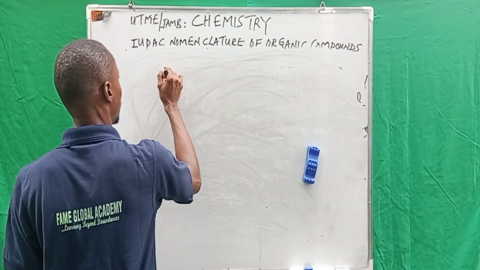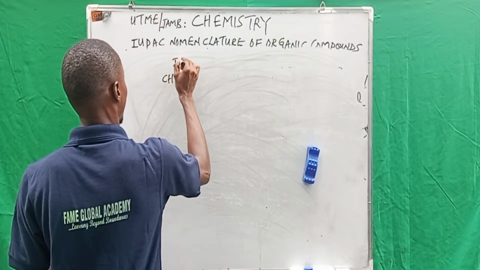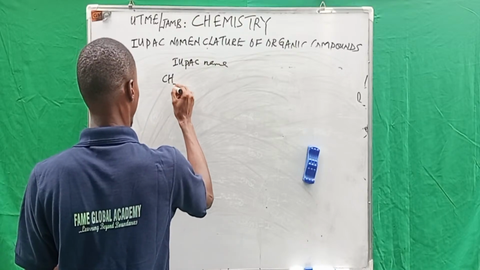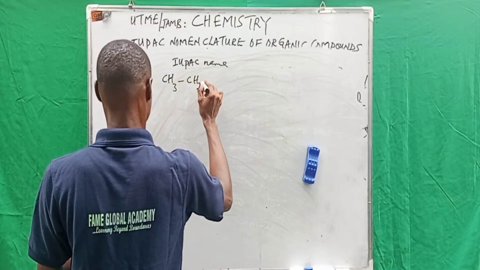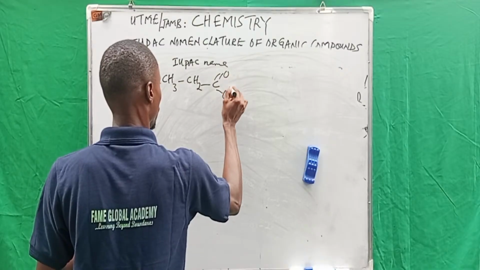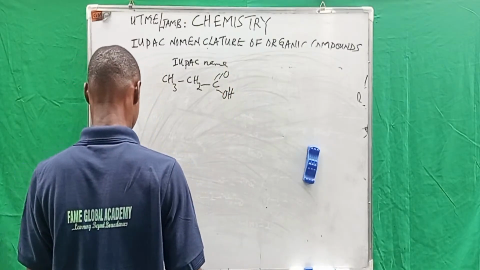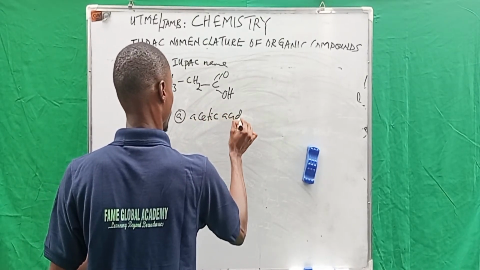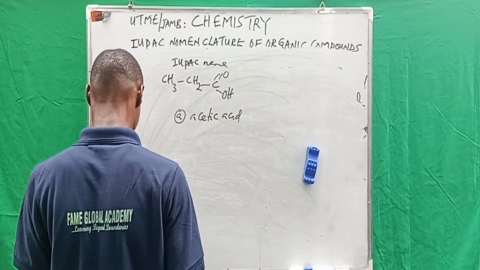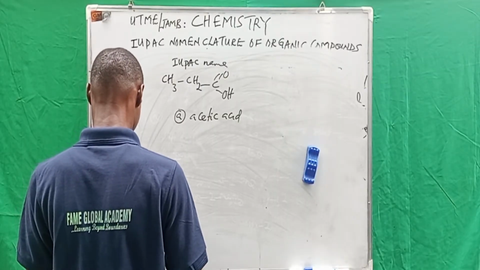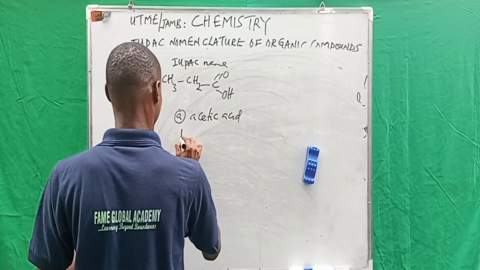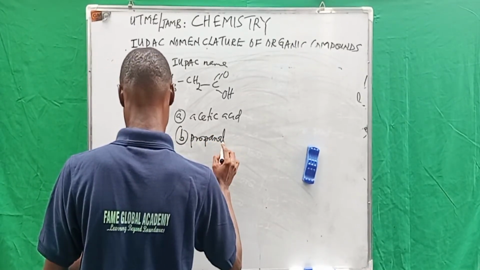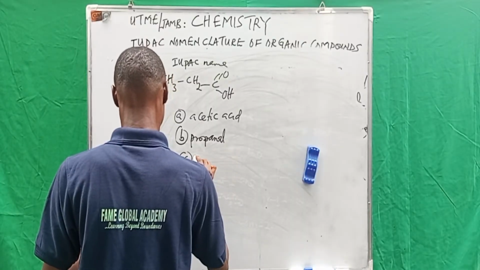We have CH3, CH2, C double bond OOH. Therefore, we have A as... C. We have propanoic acid.